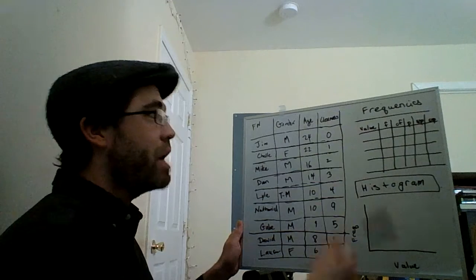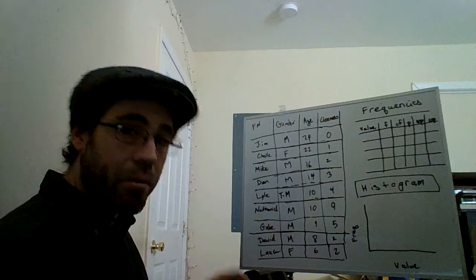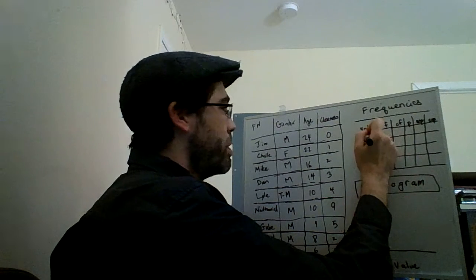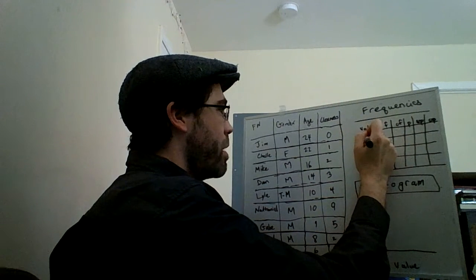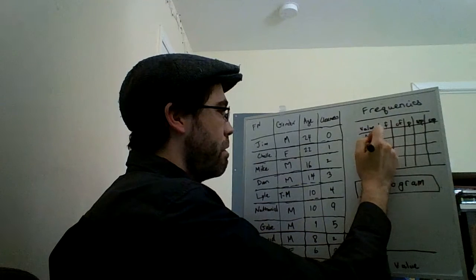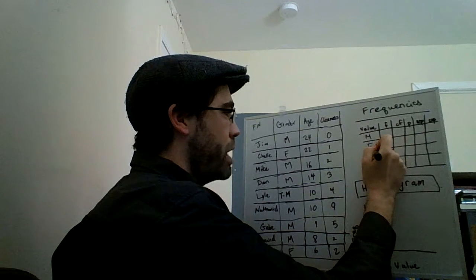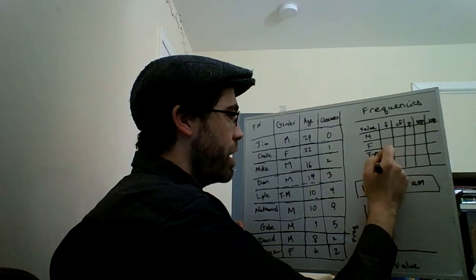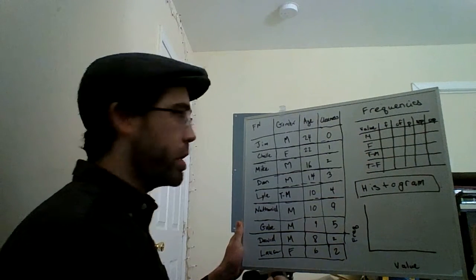So, to make a frequency distribution, which is a way to summarize the counts of the different possible values, we need to know all the possible values. So, we have male, female, trans male, and although we don't have any cases with it, trans female is still a possible value. So we're going to go ahead and put it in the chart.